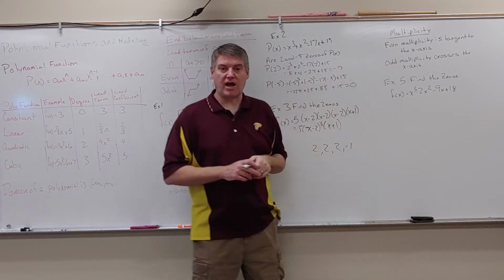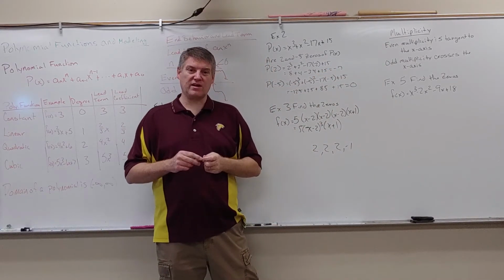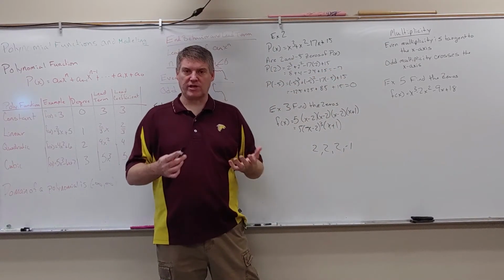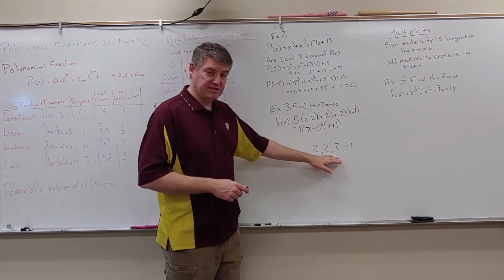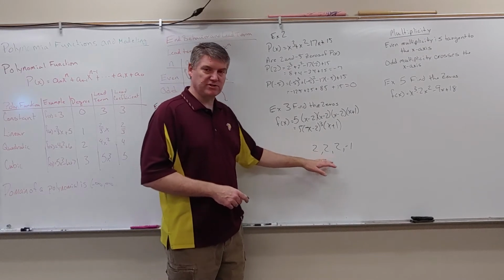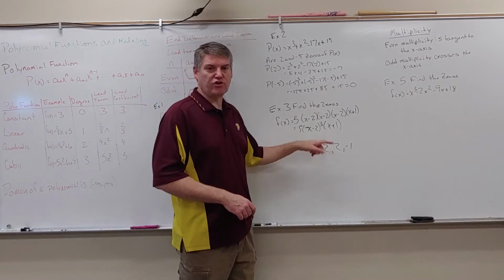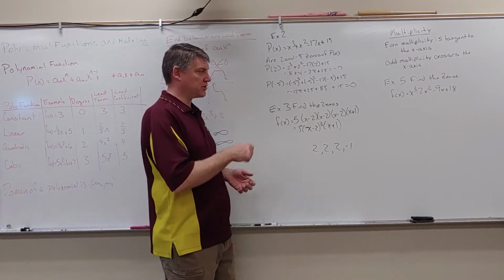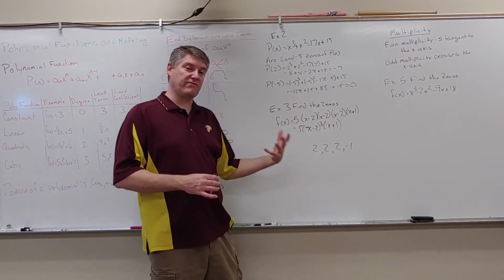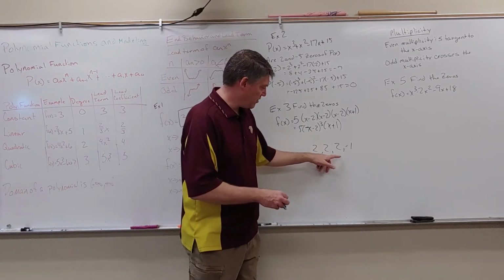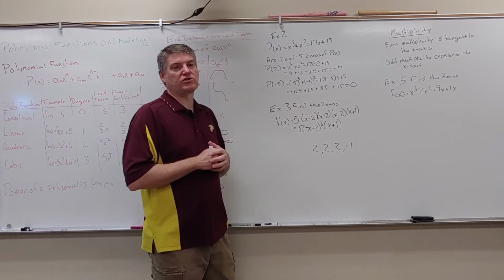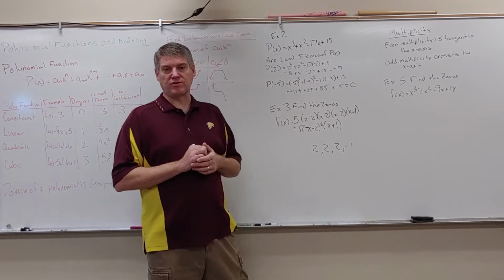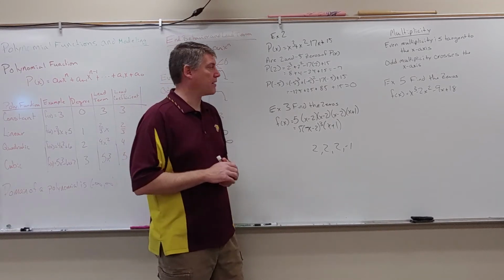Depending on this even or odd multiplicity, we'll give it more of that degree look. So here I had a multiplicity of 3. So as we come up on 2, it's going to look more like a cubic function, okay, as we're coming through. Even though this is not a cubic function, if I look at just a small window right around 2, it's going to have that smoothness of a cube right there.